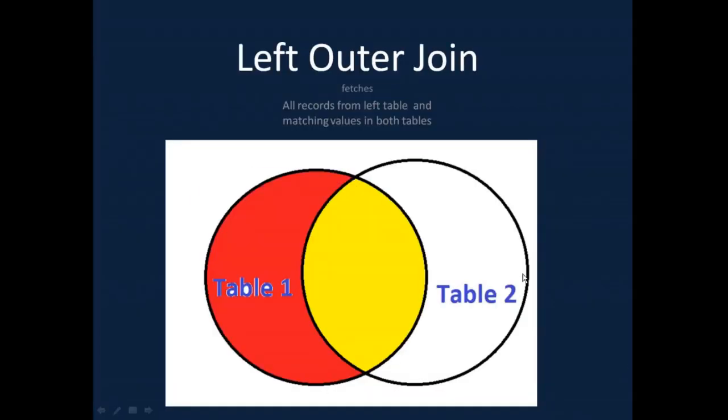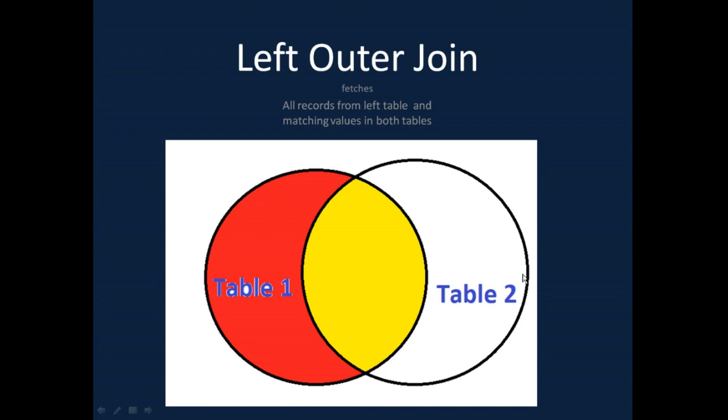So next join is left outer join. Now as you can see over here, the yellow section is nothing but the content which is generated by inner join, which we just saw. So in addition to that, left outer join adds the unmatching records from the left table.